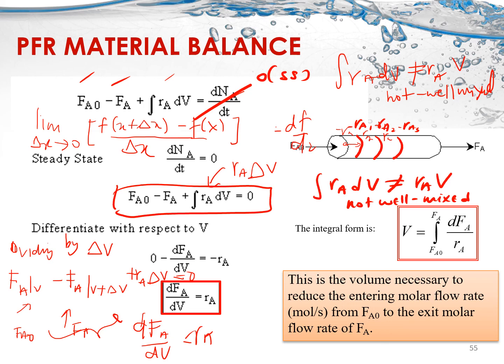So in this form x is V, in the function of V. That's why df is V. So f is in terms of the flow rate, and the flow rate will differ with respect to the volume. So this is the volume necessary to reduce the entry molar flow rate from FA0 to the exit molar flow rate of FA. It's okay, you will understand better in the next chapter.